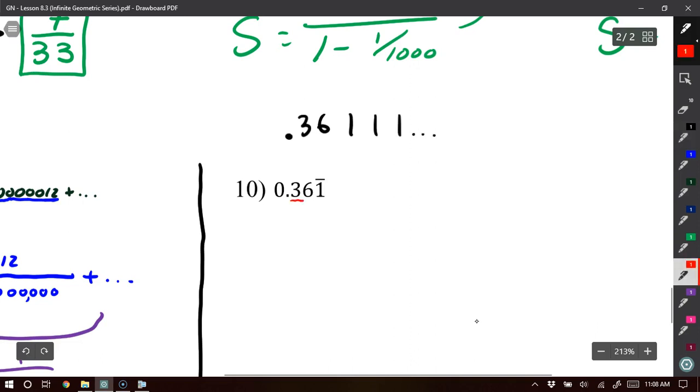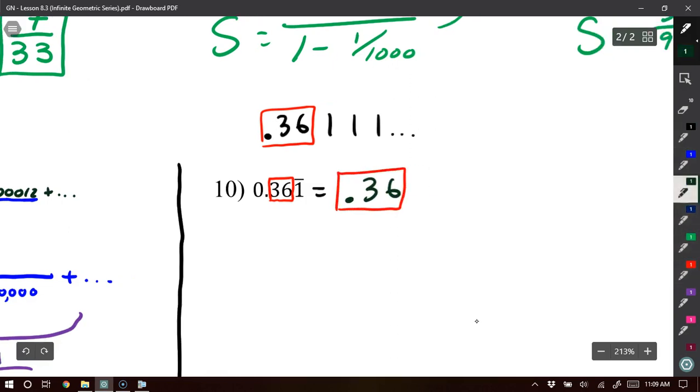This 36 is not repeating. It is going to stay there each time. So I'm going to keep the 0.36. That is going to be constant. It is not going to change. But the rest is going to.